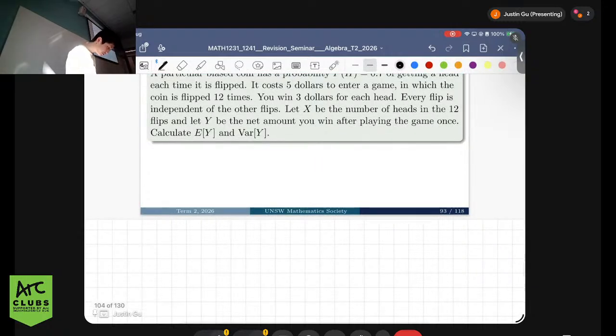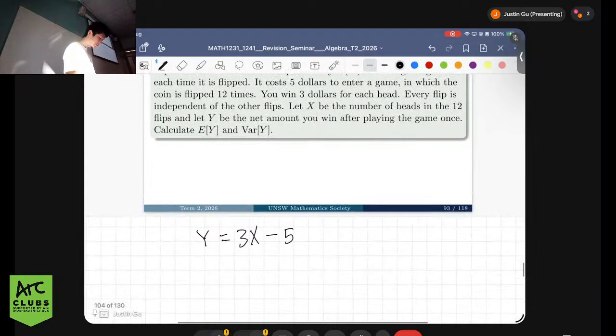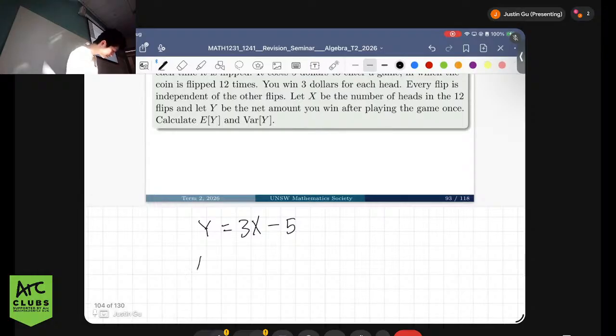Okay, so we know that we win $3 for each head, and we lose $5 when we enter the game, right? So Y equals 3X minus 5. The expected value of Y would therefore be 3 times the expected value of X minus 5.